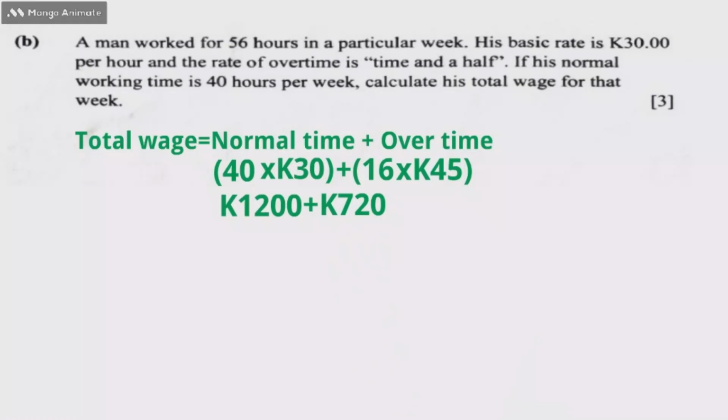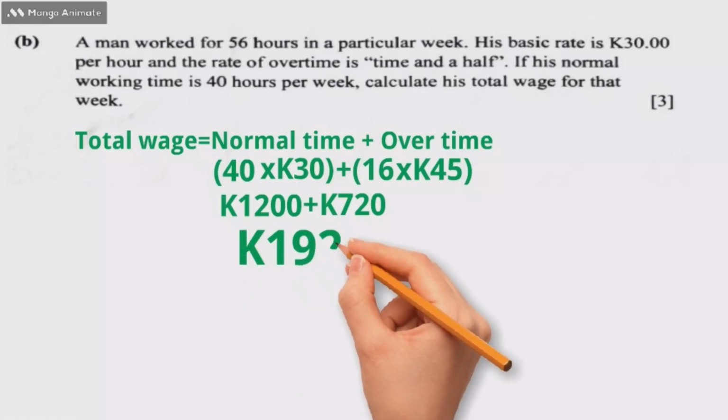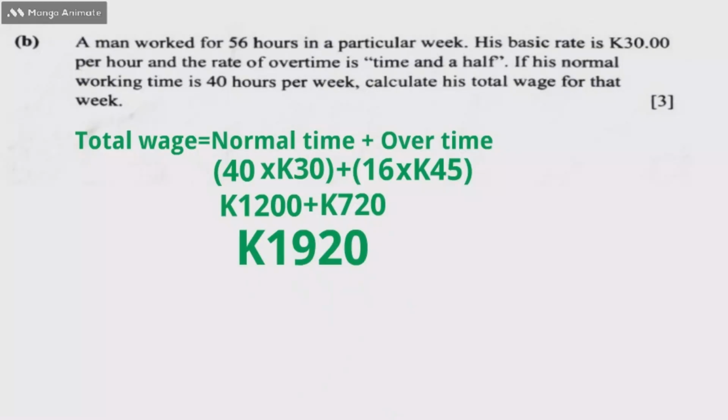So now we have 1,200 kwacha plus 720 kwacha. The sum of these is 1,920 kwacha. So the total wage he worked for in that particular week was 1,920 kwacha.